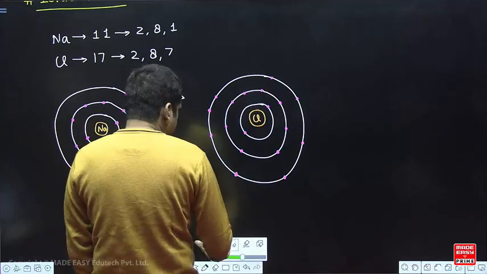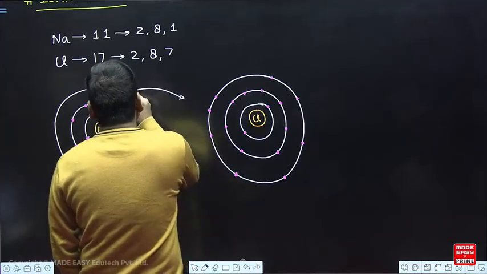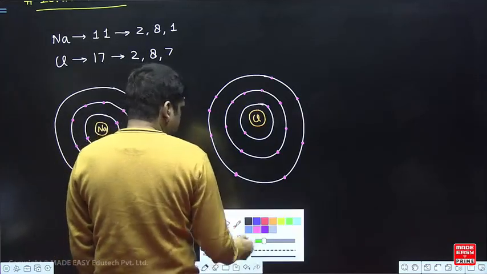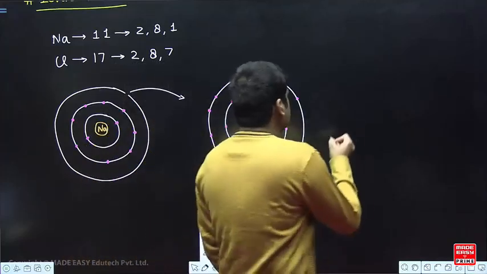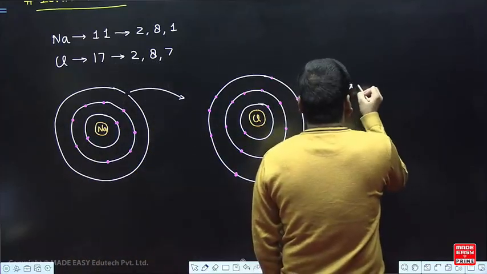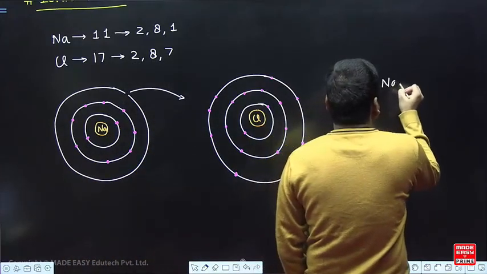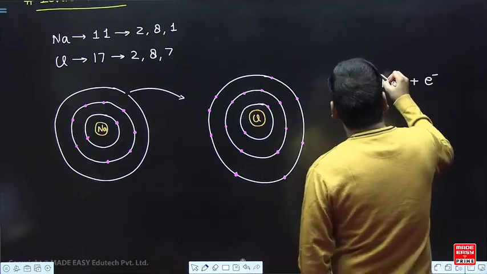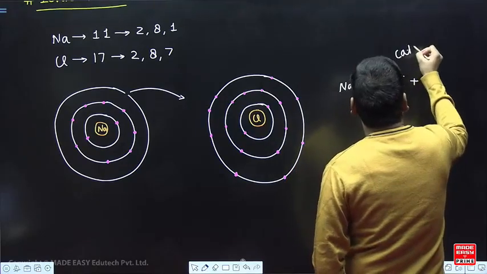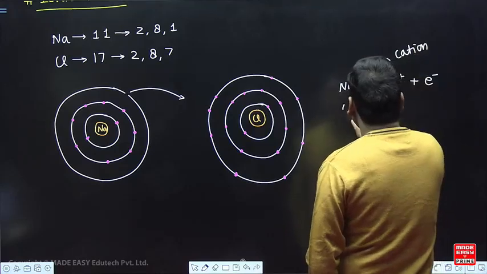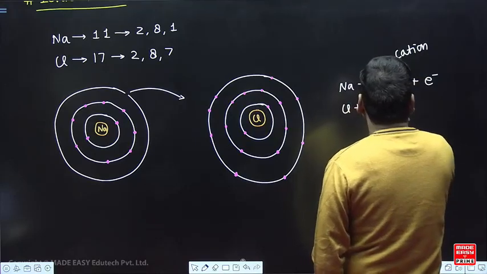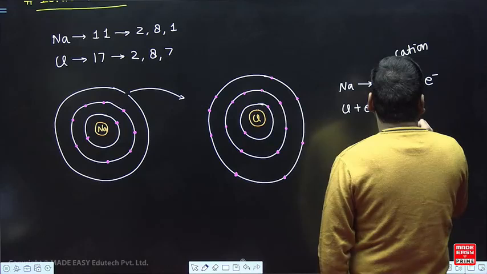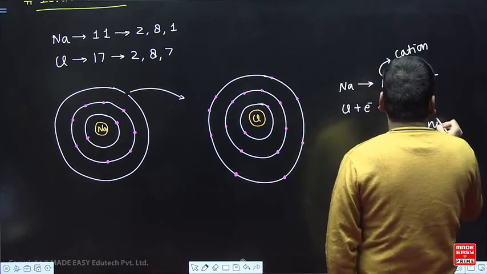As soon as sodium gives up its electron, it becomes Na plus. So Na gives an electron and it becomes Na plus, plus 1 electron. This Na plus is known as a cation. Similarly, Cl plus an electron becomes Cl minus, and it is an anion.